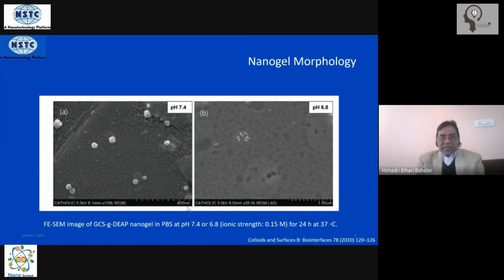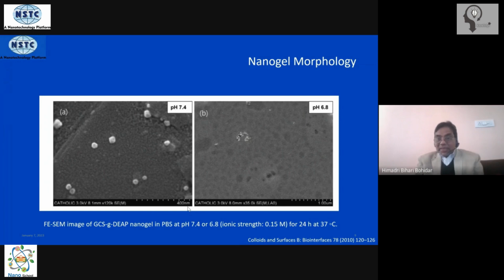This is the morphology, STM morphology. You see typical spherical size of this nanogel we have just synthesized, both at pH 7.4 well defined, but at 6.8 you see it is not that well defined because the nanogel has started in fact disintegrating here because you are in a more acidic condition.